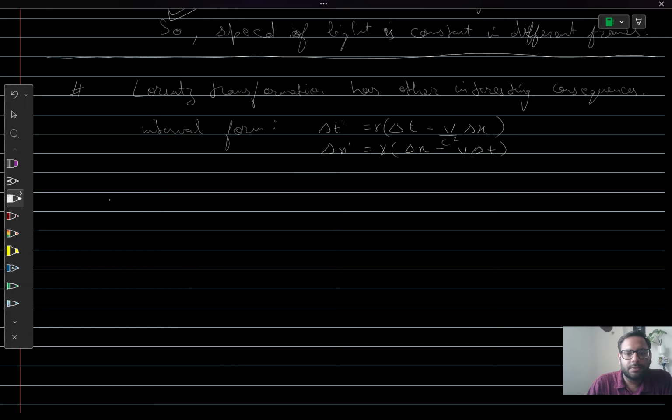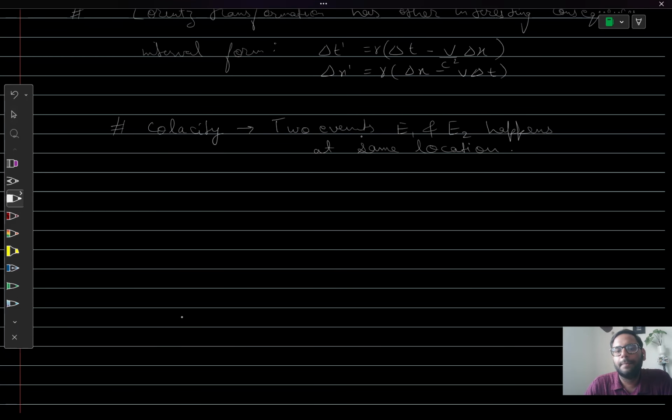And you can define something that is called colocality. Colocality is when two events, E1 and E2, happen at the same location. That is called colocality.